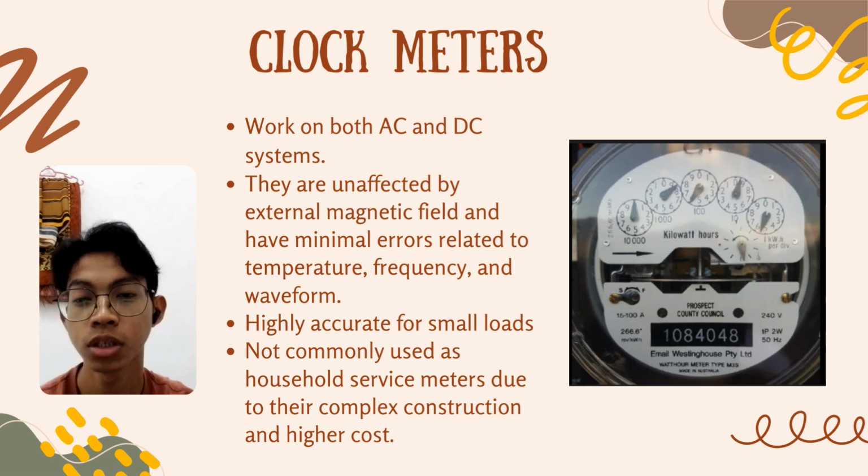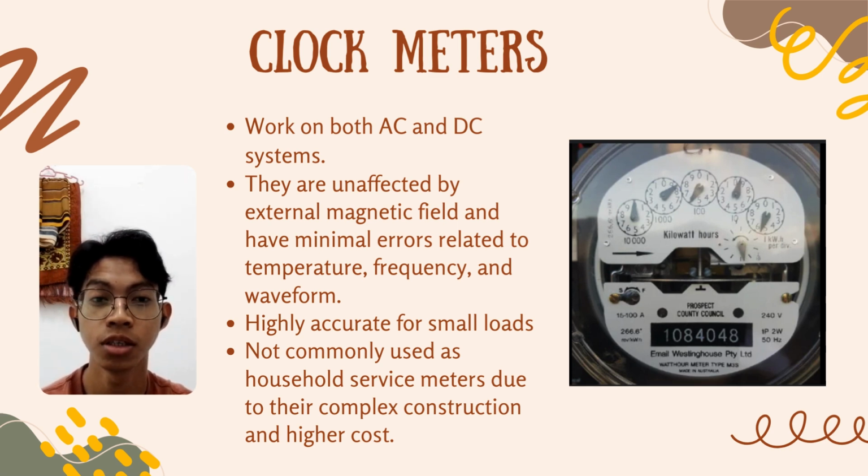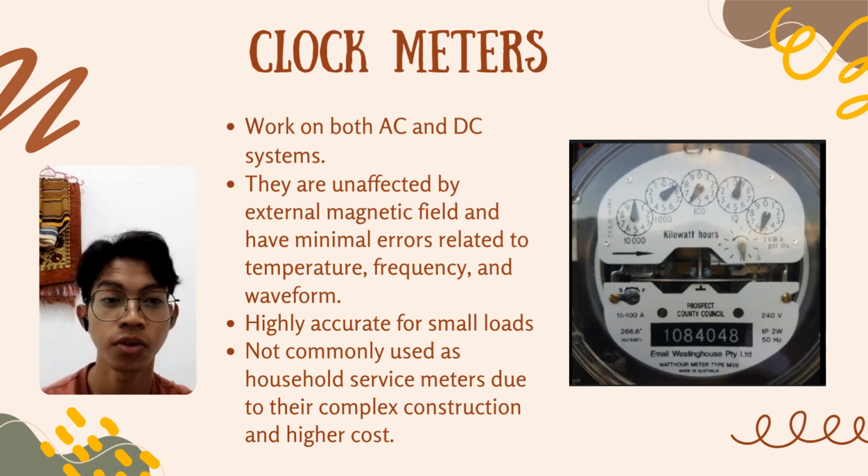A clock meter, which functions effectively on both AC and DC system, is used to measure electrical energy with high accuracy. It remains unaffected by external magnetic fields and exhibits minimal error related to the temperature, frequency, and waveform variation. So this ensures reliable performance even under challenging conditions.